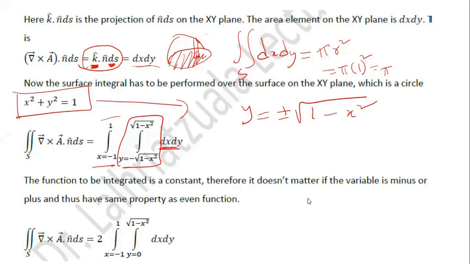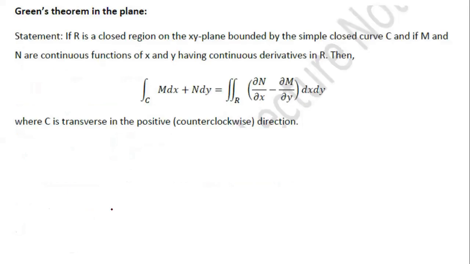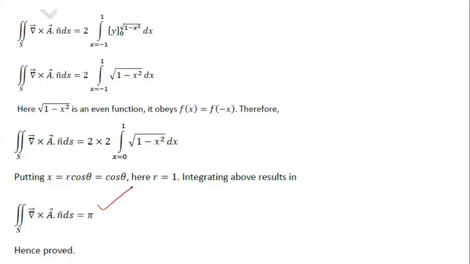If you follow these calculus steps, you will eventually arrive at the value pi. So instead of doing all these mathematical steps, you can directly write this as the area of a circle of radius 1, pi r square. But if you do the mathematical steps like this, you will arrive at the same value.